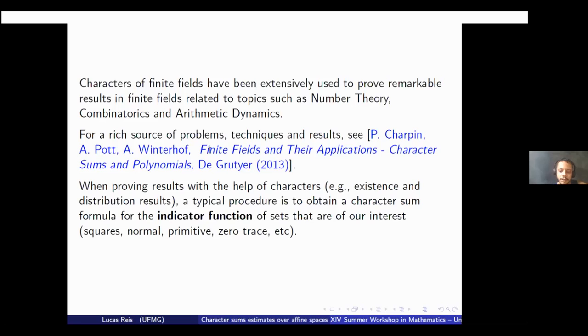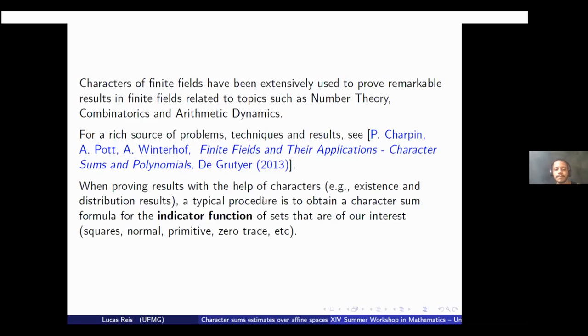So in this talk, I'll just be motivated by a special kind of problem. In general, in this kind of thing, we try to prove an existence or a distribution of special elements in finite fields.